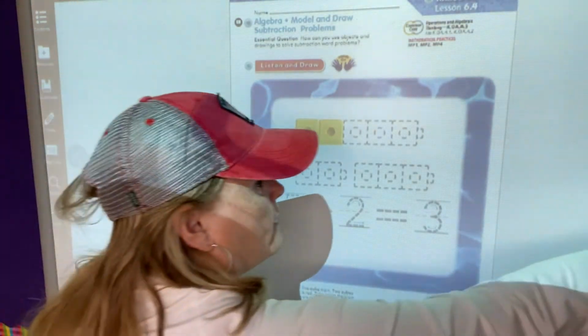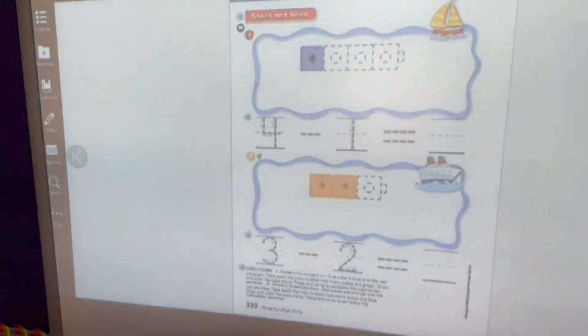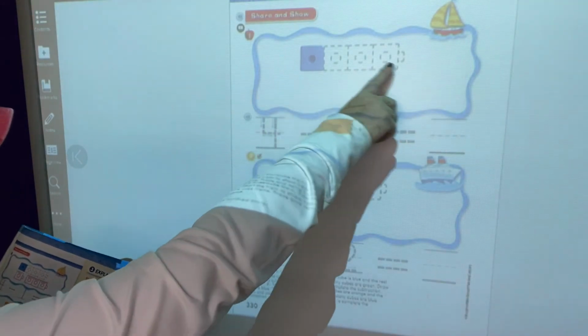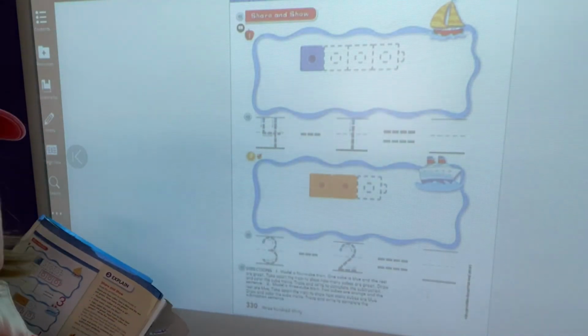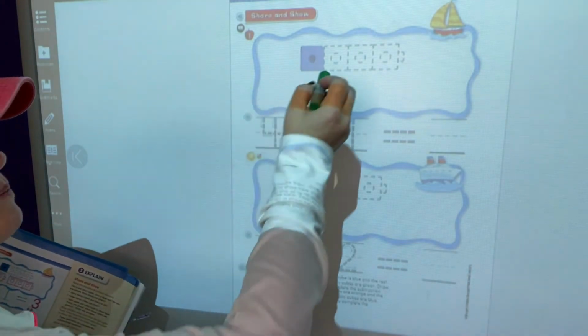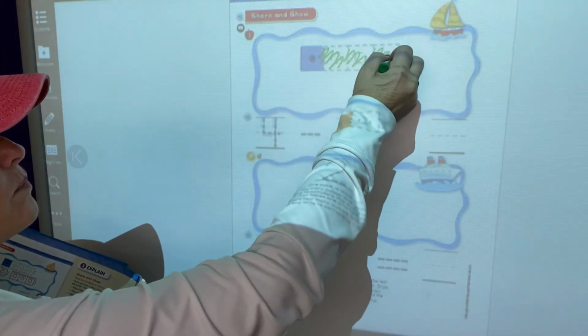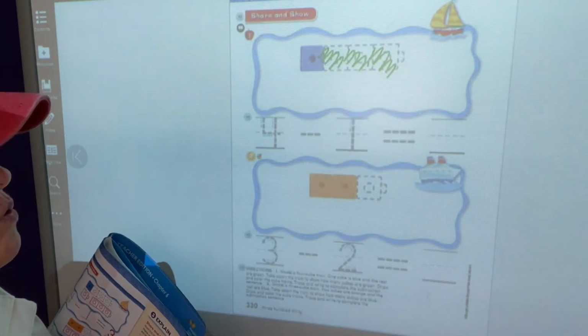I'm sorry. Okay, we're going to start with 4 cubes, and the first one is going to be blue, and I want you to color in the rest of those green. Can you use green for me? Okay, we're going to start with 4 cubes.